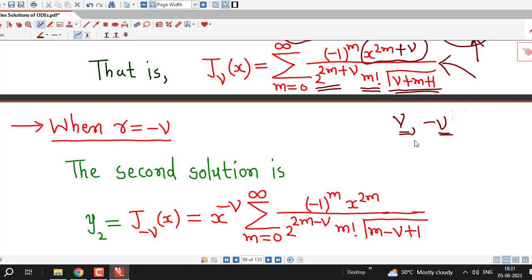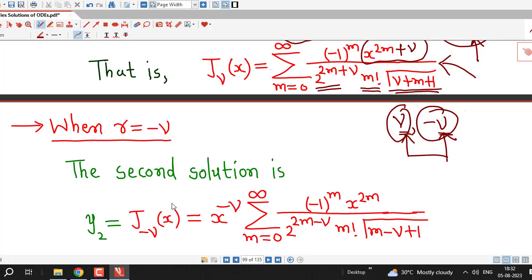We have the case of roots of the indicial equation not differing by an integer, and we know that if the roots of the indicial equation do not differ by an integer, then we can write down both the solutions in this form corresponding to both the roots of the indicial equation.